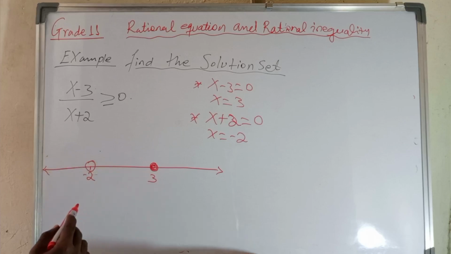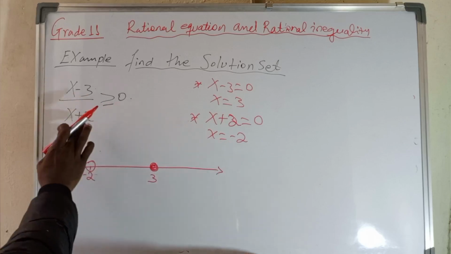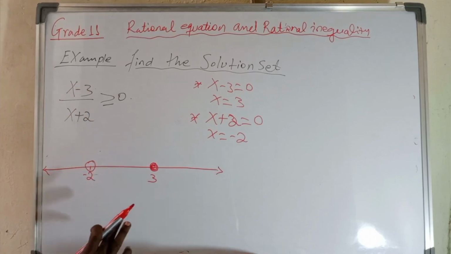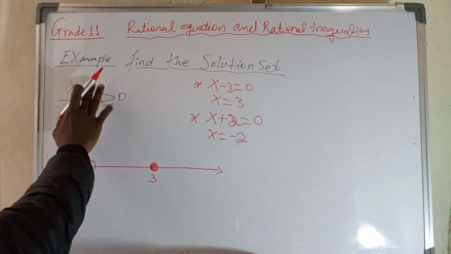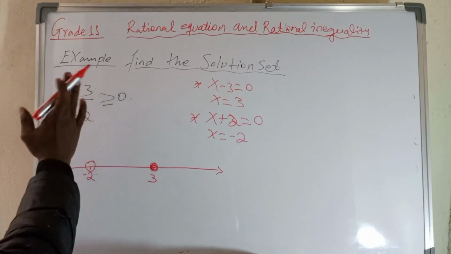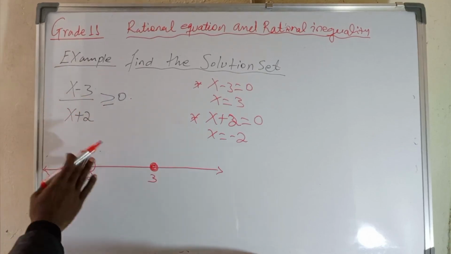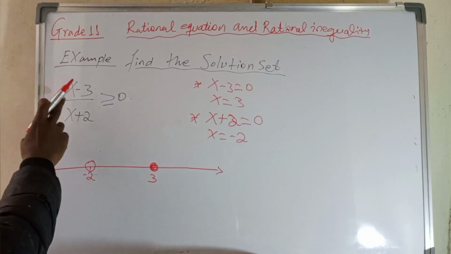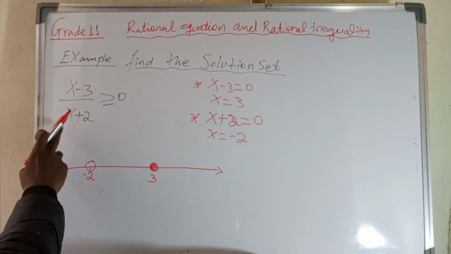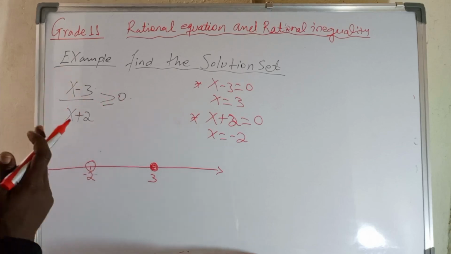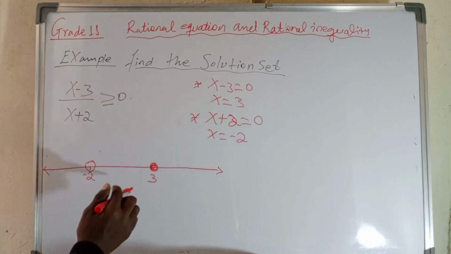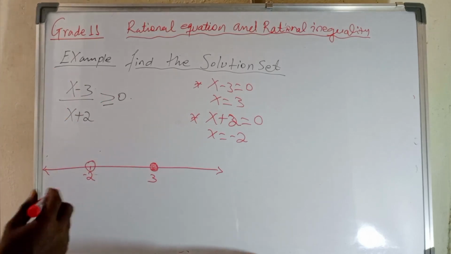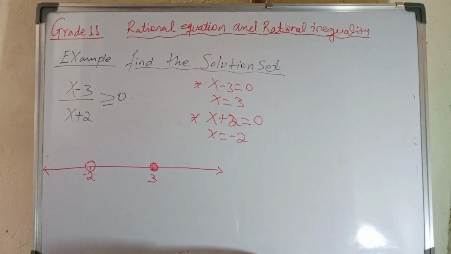At 3. ግልጽ ነው። ኔጋቲቭ 2 ስጨምረው አንድ ፋይን ያደርገዋል። ሶ ኦፕን ሰርክል አድርጋለሁ። At x equal to 3 ደግሞ ራሽናል ኢኒኳሊቲያችን ዲፋይን ይሆናል at 3, because when we plug 3 in for x, we get 3 minus 3, 0. So 0 is greater than or equal to 0. Okay, that's right. So closed circle.